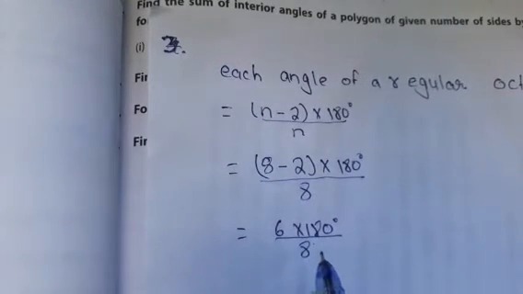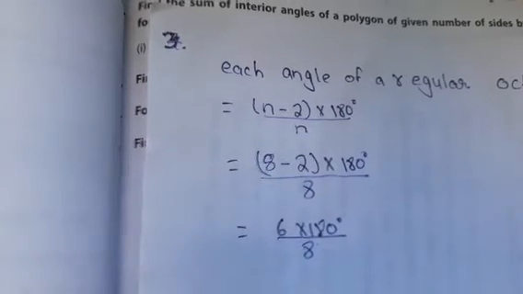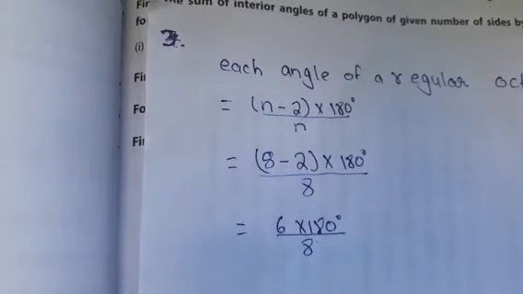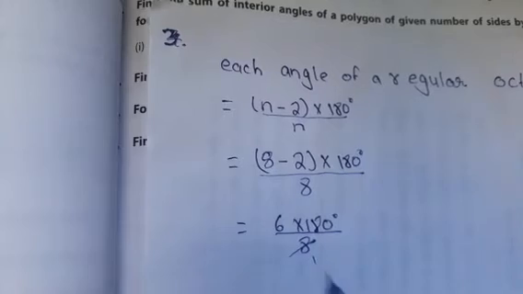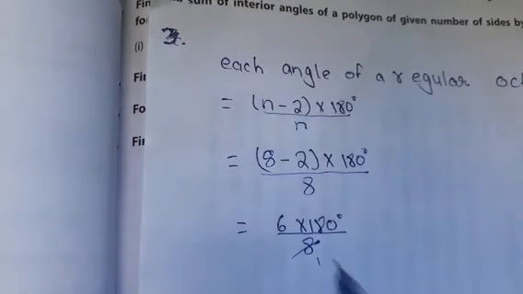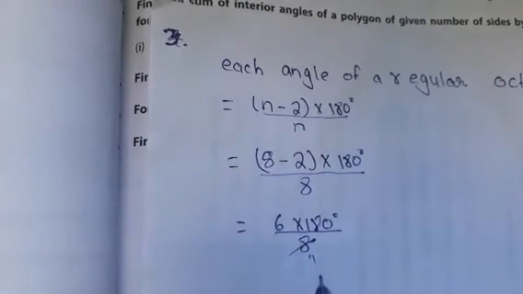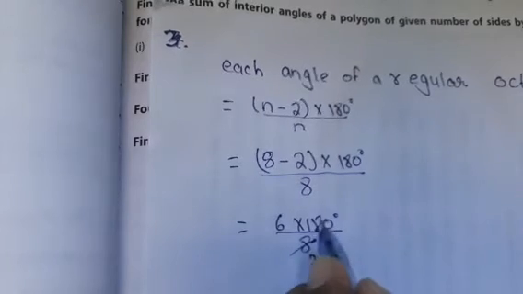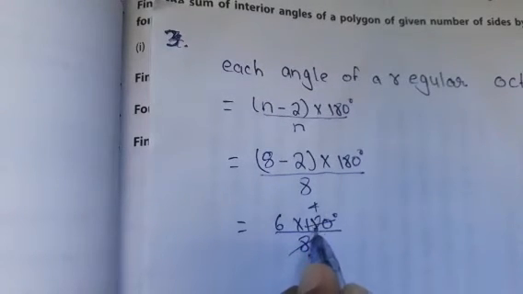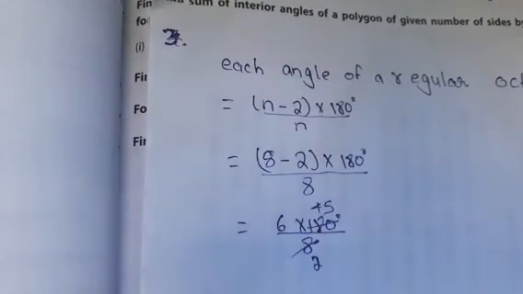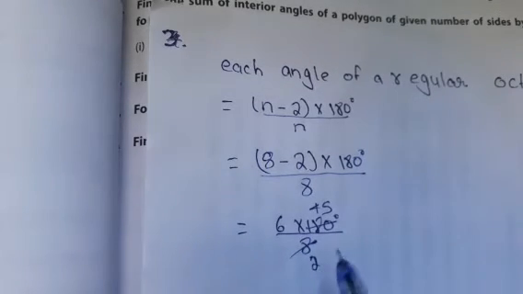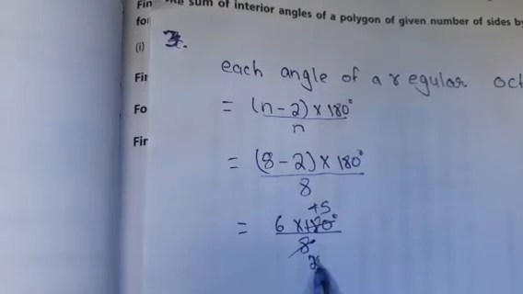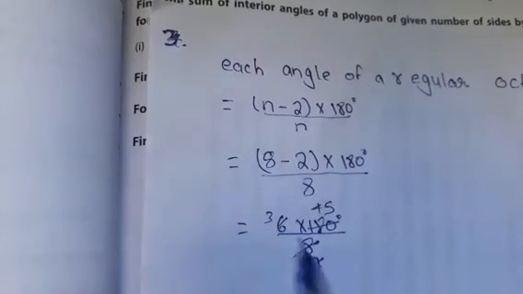Now divide 180 and 8. It is divisible. Both are divisible by 4. So firstly we divide with 4: 45. Now 2 is left. Now 2 divided by 6, the answer is 3.